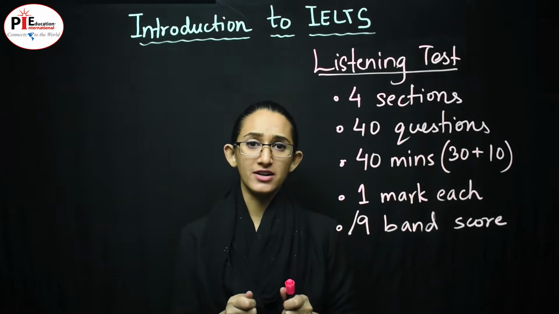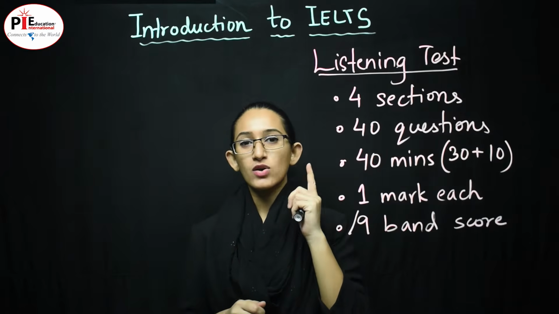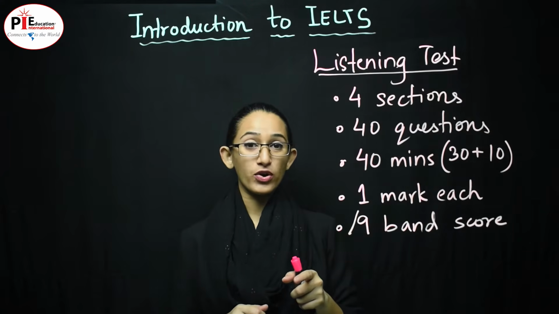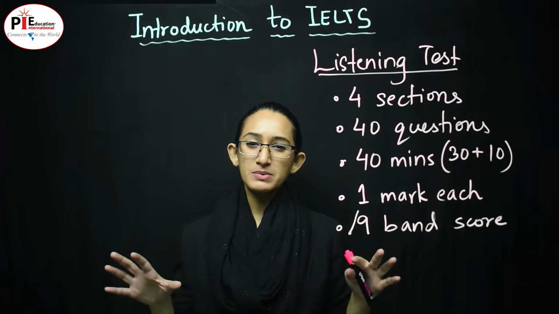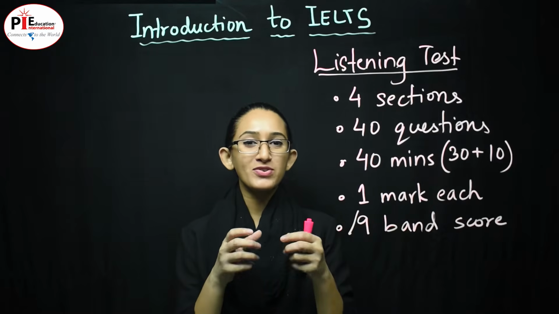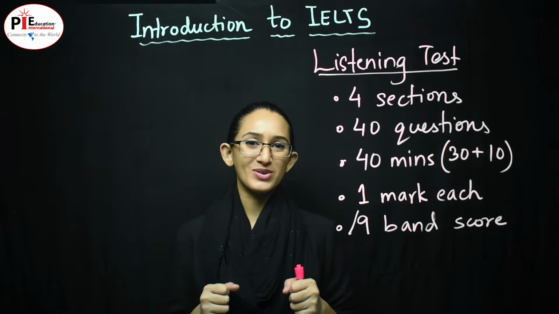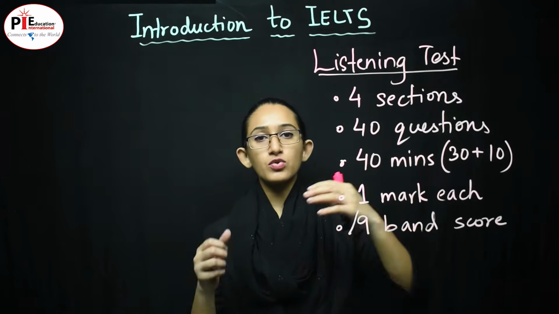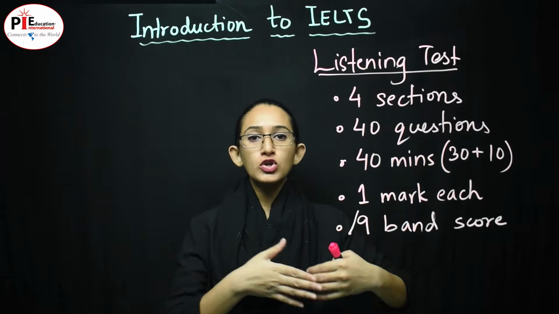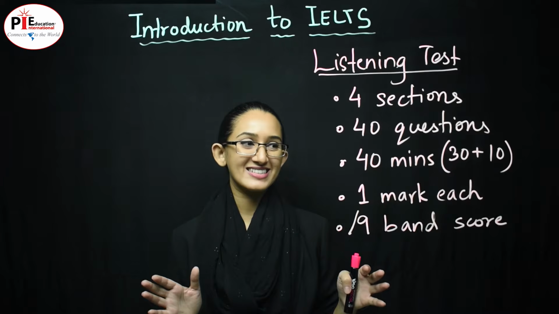So the trick here is to make sure that you are able to understand what is being said in the audio recording. And there are many tips and tricks which you will learn along this course, which will help you figure out how to capture that information from the audio recordings. So as soon as you finish listening to the audio, you will have a set of 40 questions in total in the listening test, right?